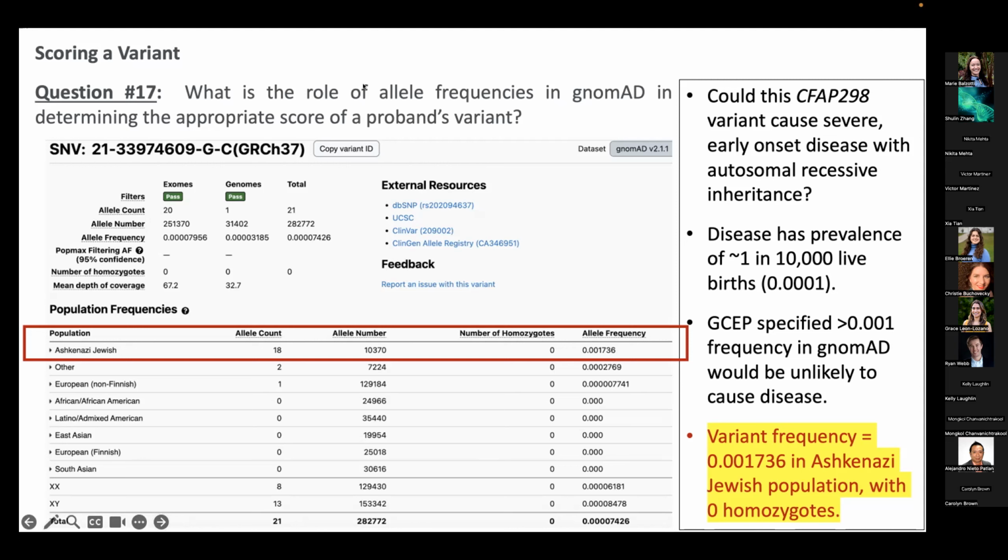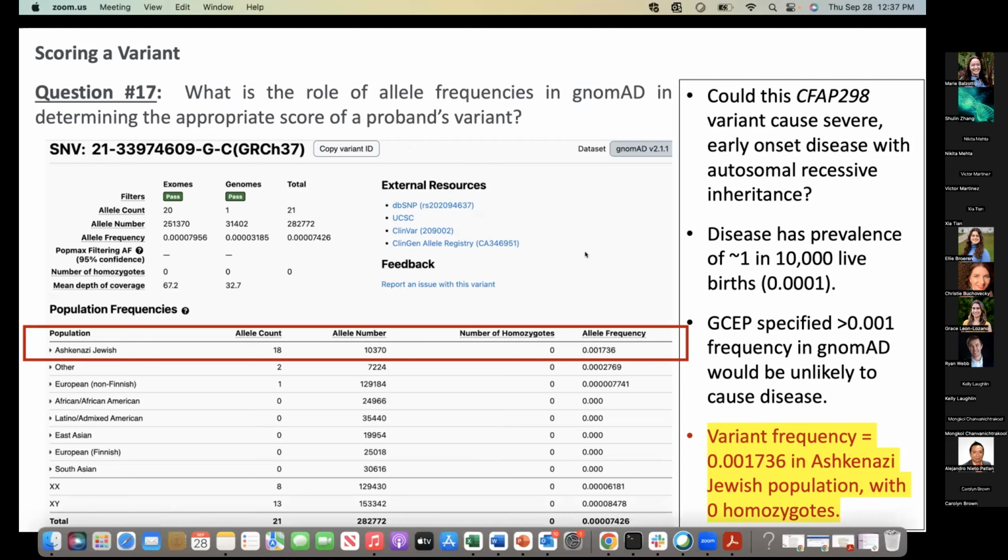Interesting, kind of a mixture of answers. Some folks are saying score it, but maybe downscore it. There is a question about hypomorphs. Did you want to talk about that at all, Courtney? Yeah, I think hypomorphs is an interesting question because this question is balancing the frequency, and now you're talking about frequency to activity.